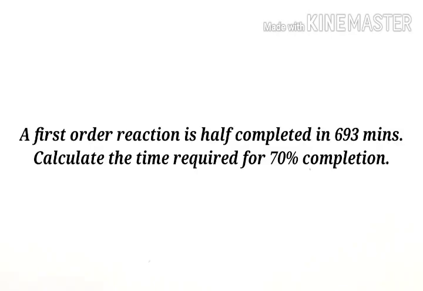Let's take question number 3. A first order reaction is half completed in 693 minutes. Calculate the time required for 70% completion. Okay, let's solve this.